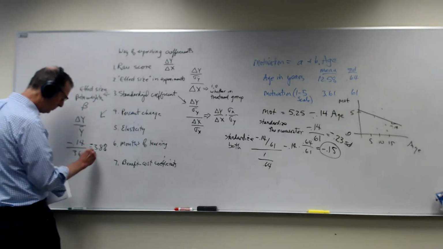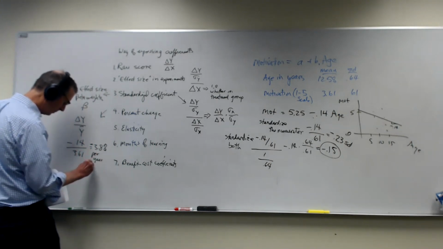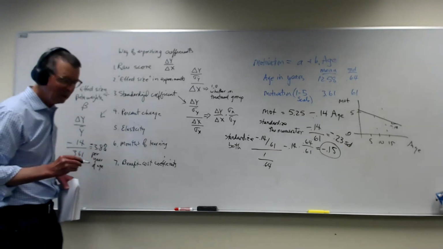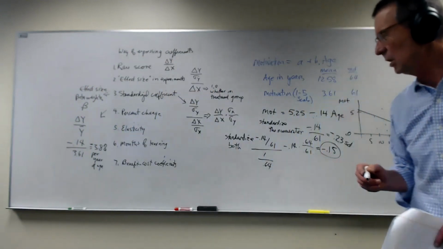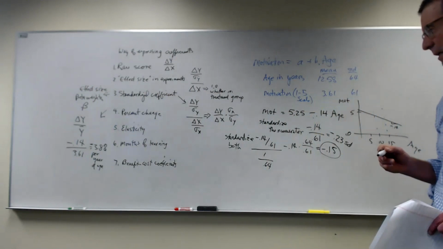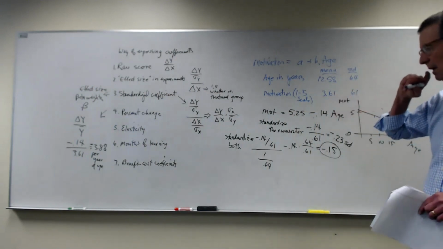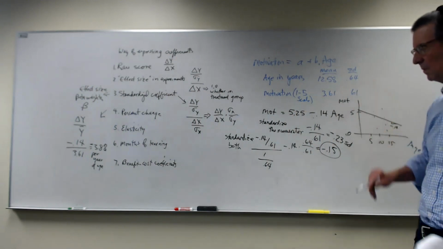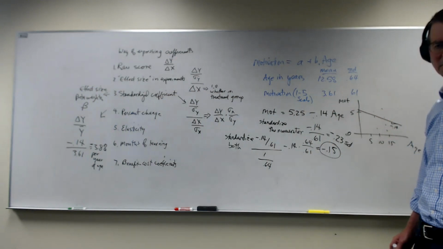So it's a minus 3.8% per year of age. Right, we're saying 0.14, how much is that changing as a percentage of the base for y, which is 3.61, and that result is it's falling by 3.8% per year.